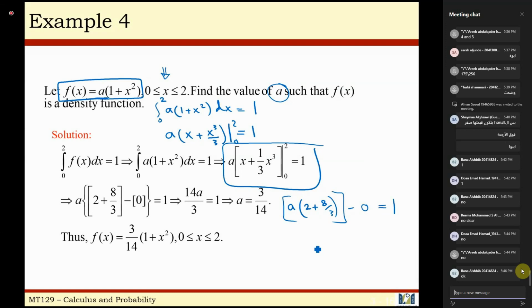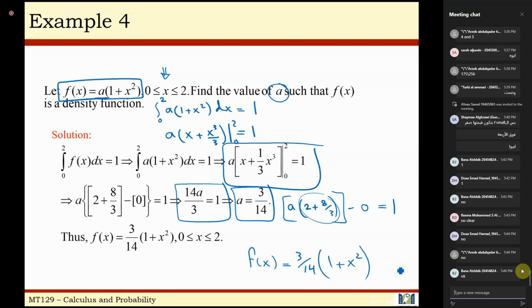So after summation, we have 14a over 3 equal to 1. So a must be equal to 3 over 14. So f of x must be 3 over 14 times (1 plus x squared), and x between 0 and 2.